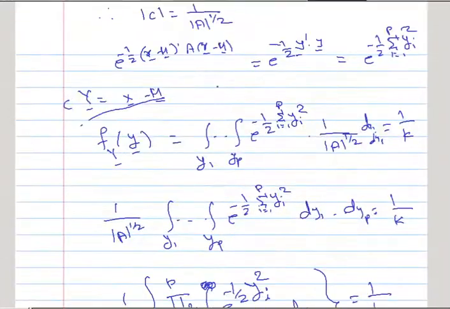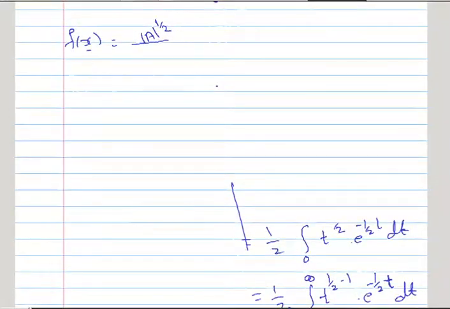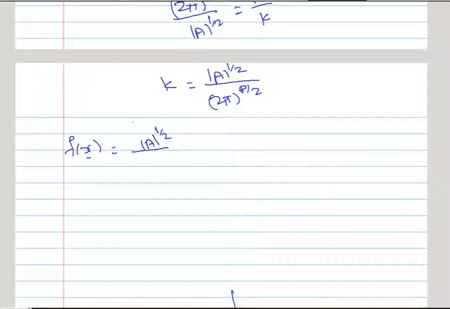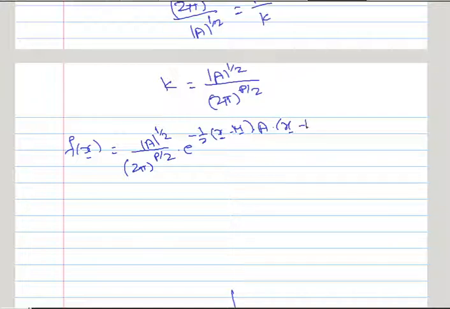Therefore that k will be put as determinant of a raised to 1 half divided by 2 pi raised to p by 2 into e raised to minus 1 half x bar minus mu bar into a into x bar minus mu bar. X bar and mu bar both are from p dimension. A is positive definite matrix. So this particular is the derivation of the PDF, density function of multivariate normal distribution.